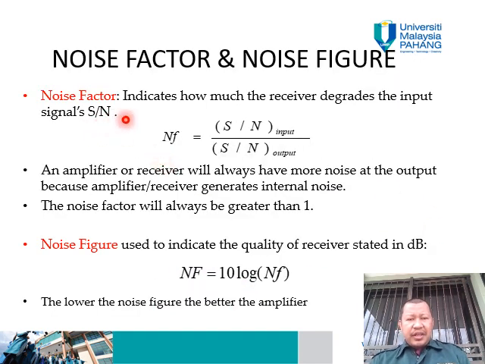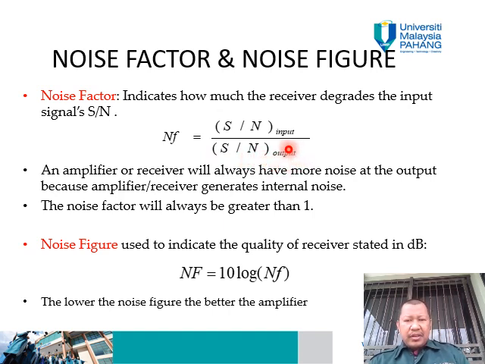Noise factor indicates how much the receiver degrades the input signal. So noise factor describes how the receiver degrades the input signal to noise ratio. Noise factor is the signal to noise ratio at the input part over the signal to noise ratio at the output part.